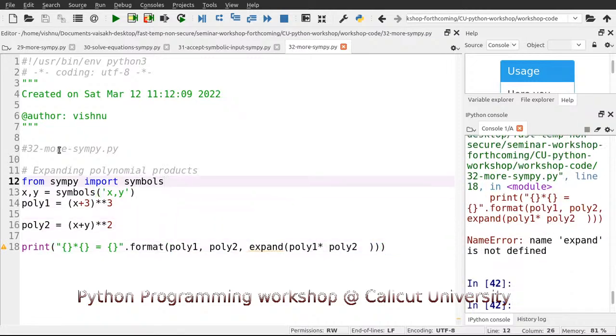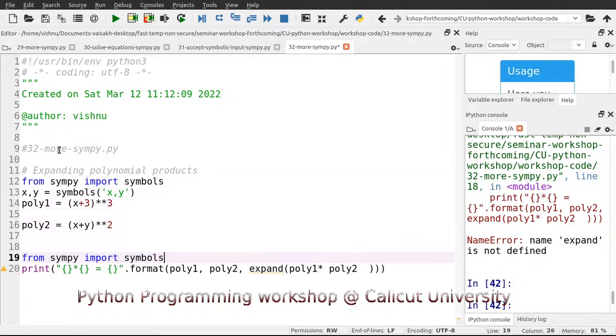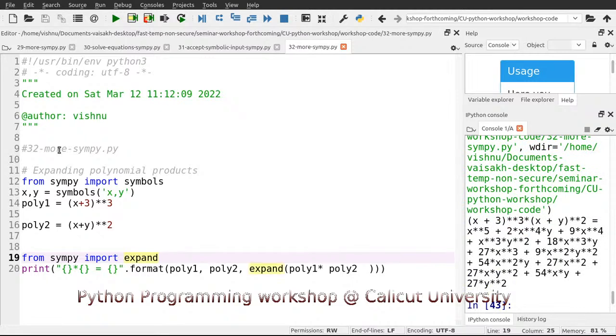Expand is not defined, so import expand. So the expansion is here.